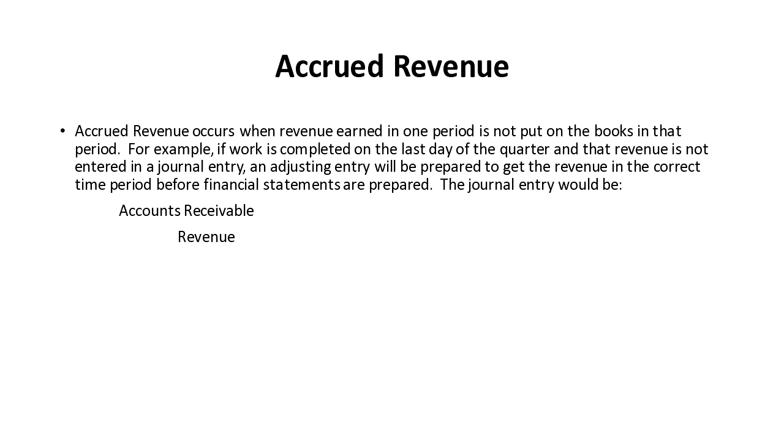And then the next is accrued revenue, totally different from unearned revenue. This is when someone has done work in a company, again, let's say the end of March, they did some work for a customer, they didn't put it into the billing system. They come in on April 5th while they're working on financial statements and say, oops, I forgot to put that on the books. Well, they're going to put in an adjusting entry to put that back into March.